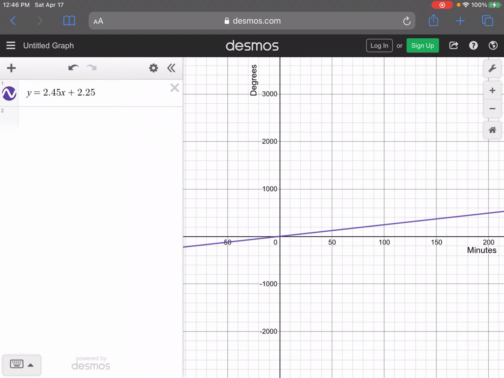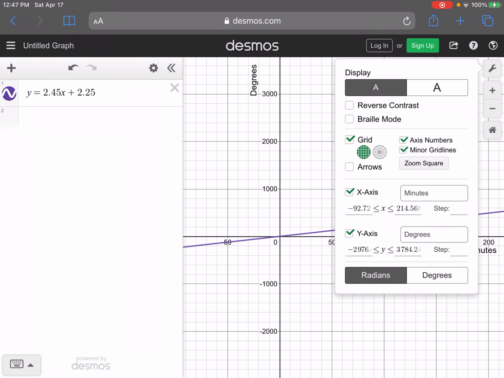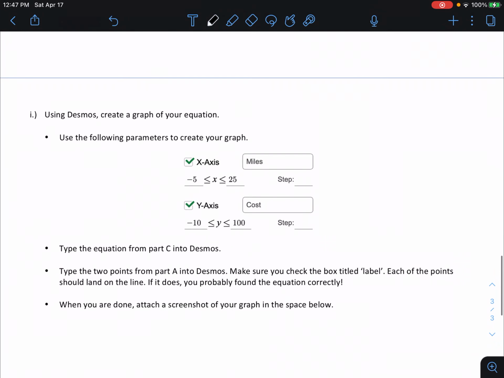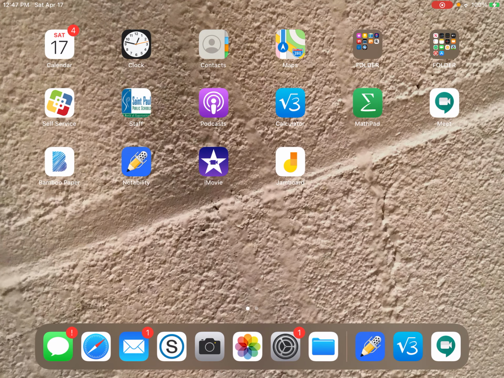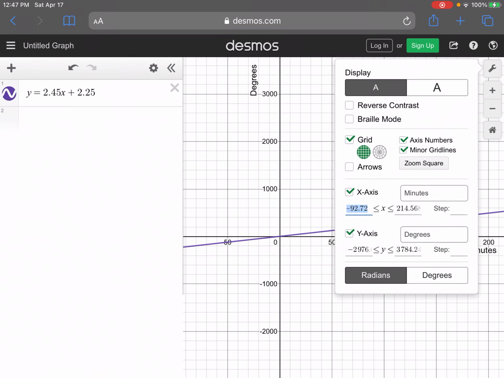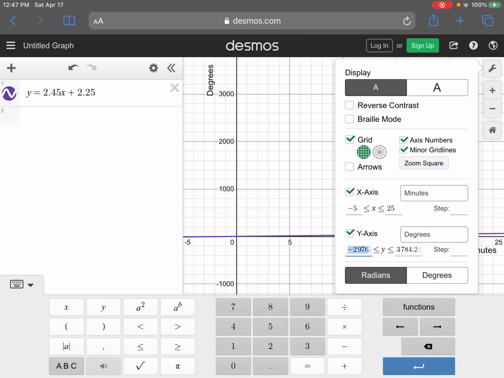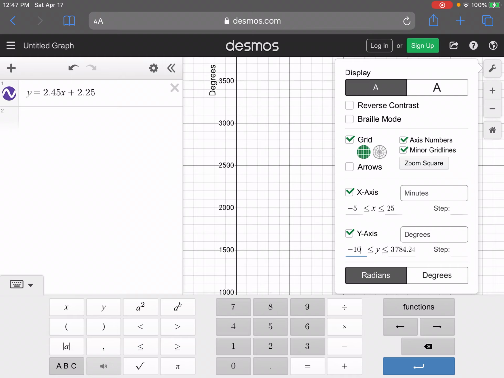All right, and then I'm going to go ahead and open up this and look and see what numbers I need to put in there. So I need to go from -5 to 25 and -10 to 100. So I'm going to change that. Here we go. -5 to 25. -10, was it?